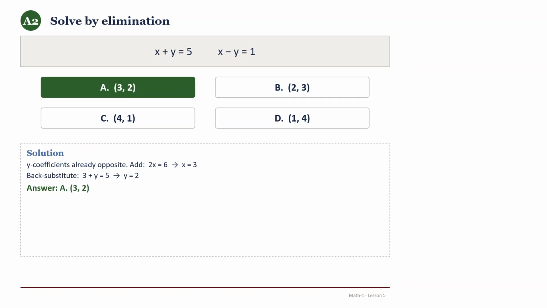Back substitute into the first equation. 3 plus y equals 5, so y equals 2. Watch out for the distractor (2, 3), which swaps the coordinates. Always write the answer in the order x, y, not whichever number you computed first.